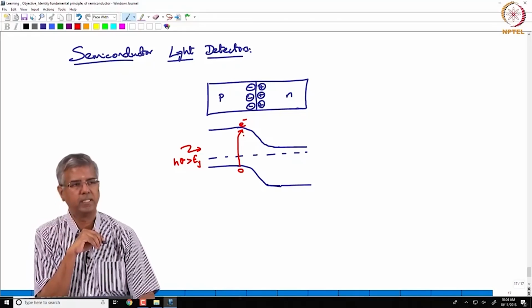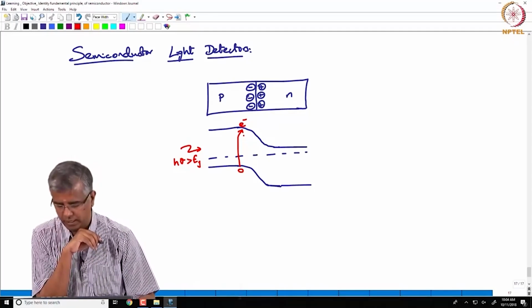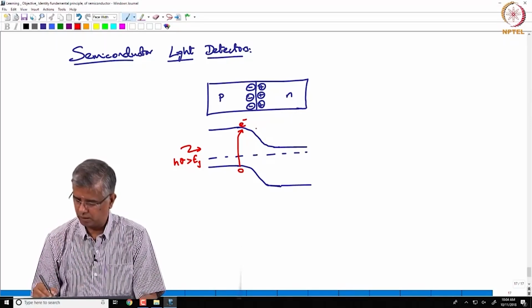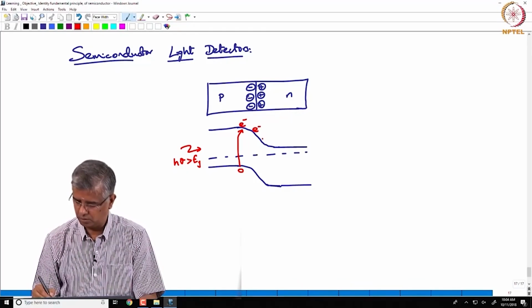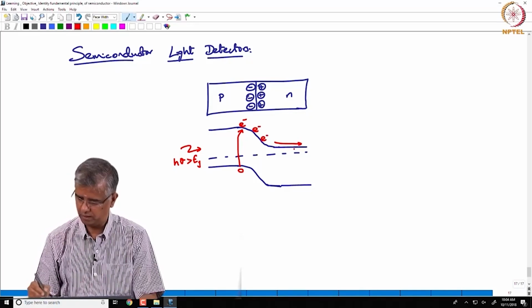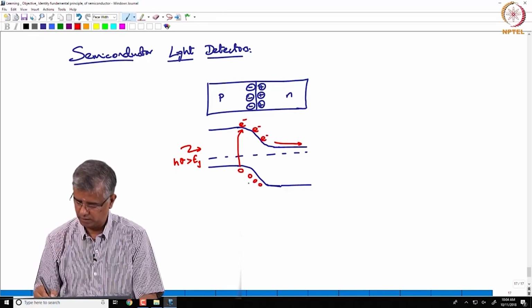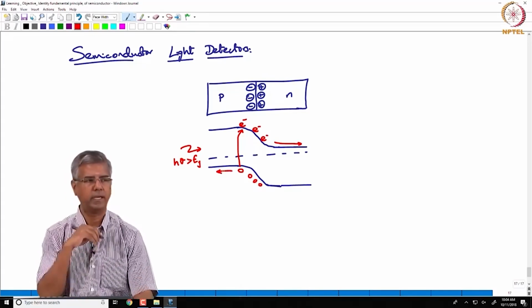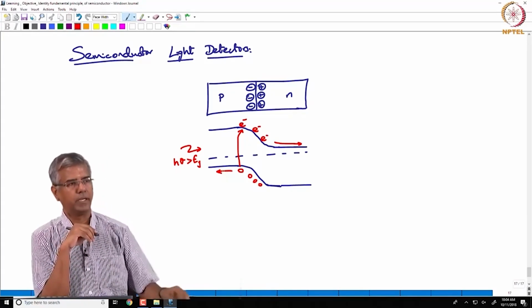So, you are essentially generating an electron hole pair, and the electron is going to go this way, and similarly the holes are going to go this way, and that generates the photocurrent in the external circuit.